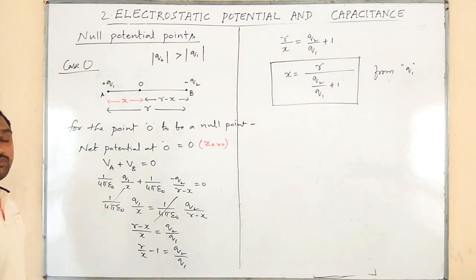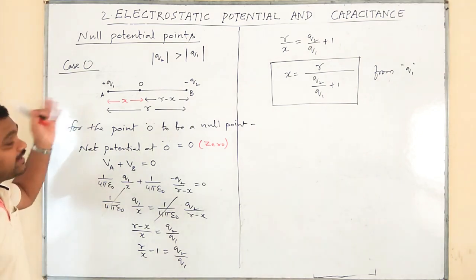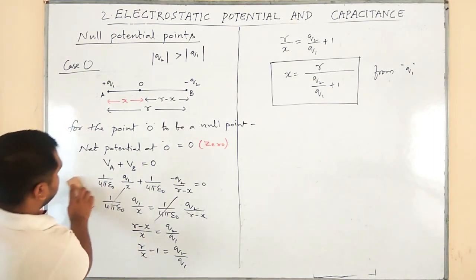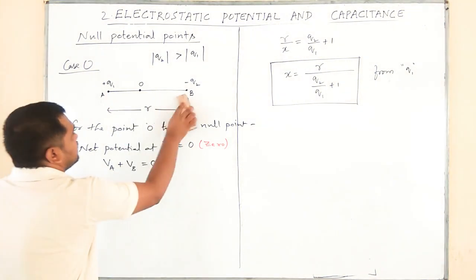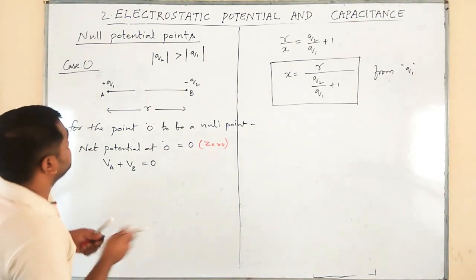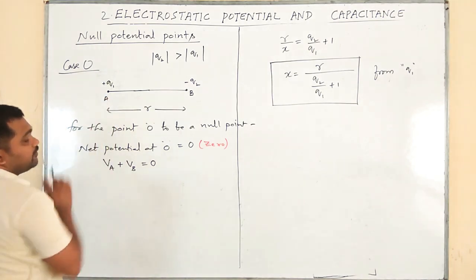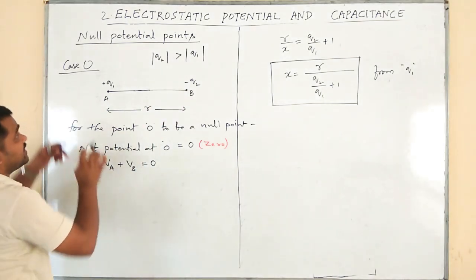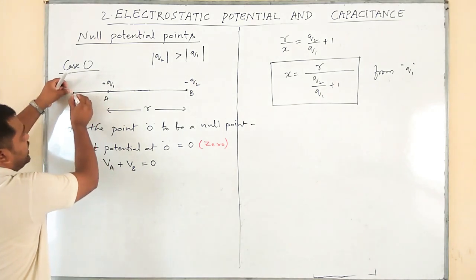Another null point will lie outside the two charges, but please remember, always nearer to the charge with smaller magnitude. Now everything is same except this. The second null point will be outwards, away from the two charges, but towards the smaller magnitude charge, that is Q1.